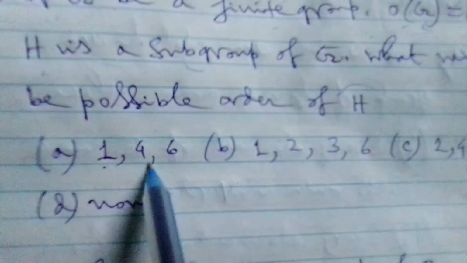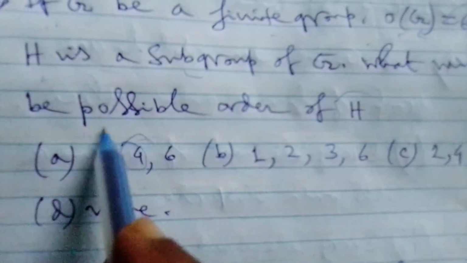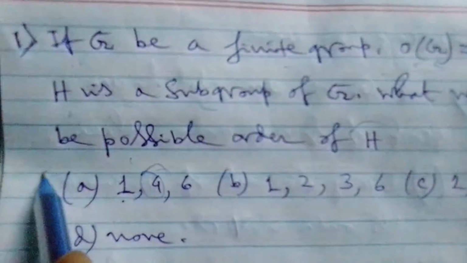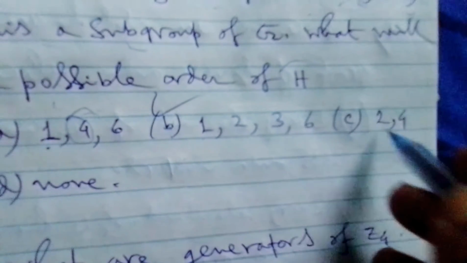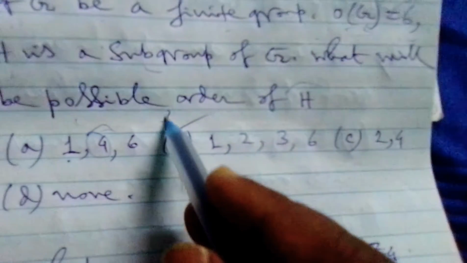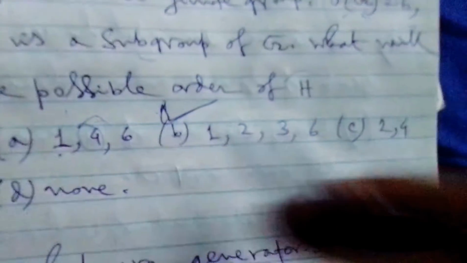So in the first option we have 1 and 4. This 4 doesn't divide 6, so this option is wrong. Next, 1 divides 6, 2 divides 6, 3 divides 6, 6 divides 6. So this option is correct. The others have 2 and 4, where 4 is not possible, and none. So the only correct option is the second.